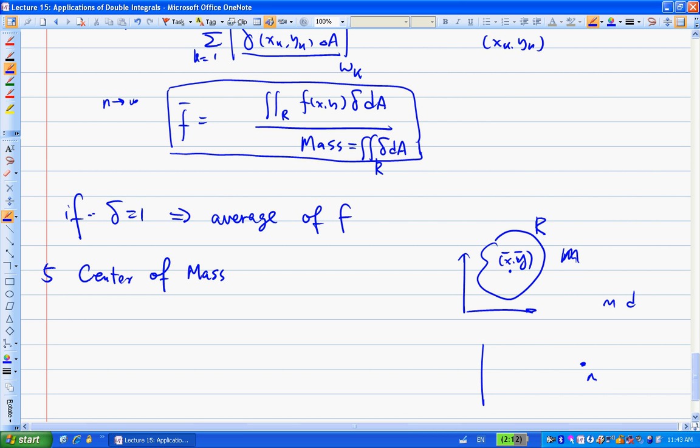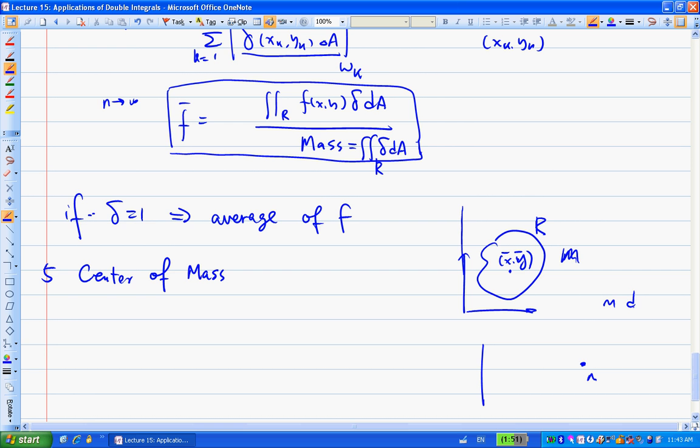If I know the distance d, and let's say I'm talking about the moment about this vertical axis, m times d gives me the moment. So that d here is actually the what? The center of mass for the x coordinates. The x coordinate is the center of mass.